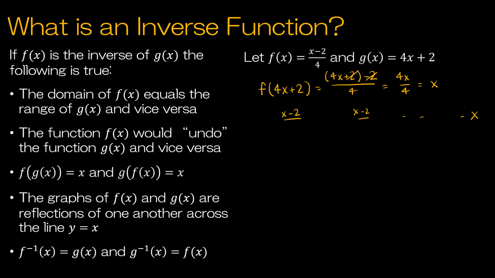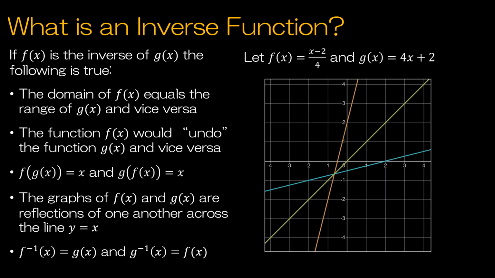If I take a look at the graphs, let me get rid of all of this. If I take the look at the graph of f of x and the graph of g of x, they will actually reflect along the line y equals x. So my greenish line here is the line y equals x. The brownish colored line is g of x, which is 4x plus 2.